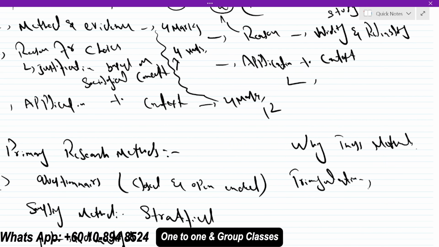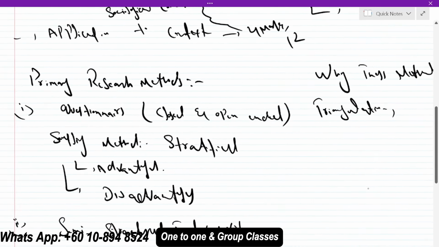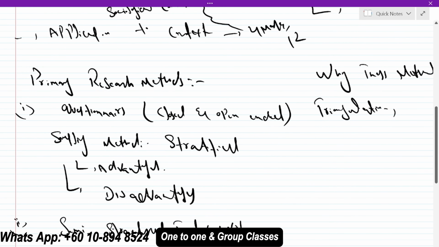So that is the first argument for why we choose these two. And then you might talk about the questionnaires, which provide large scale trends, while interviews explore detailed personal experiences.